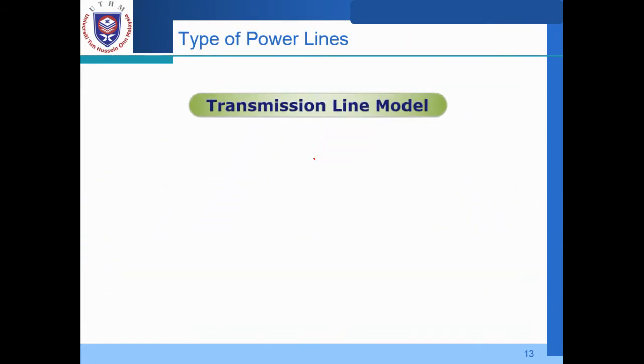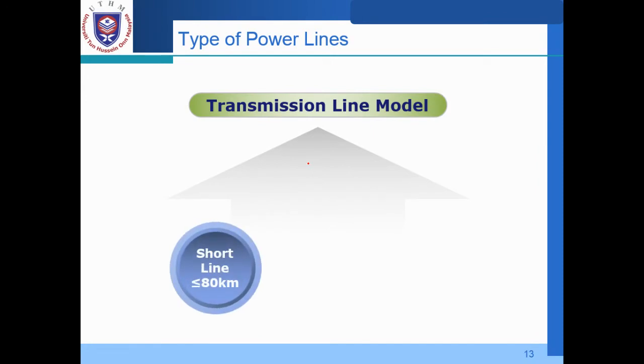So the types of power lines or transmission lines: first we have the short line, which is shorter than or equal to 80 kilometers long. So this is the first category of transmission line.